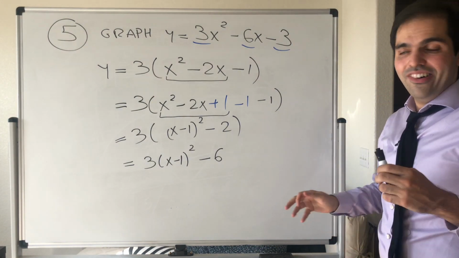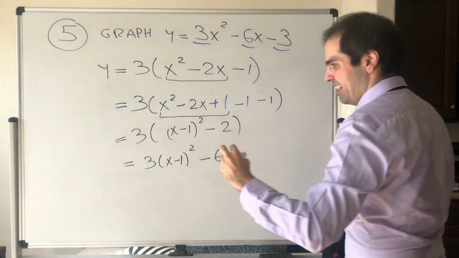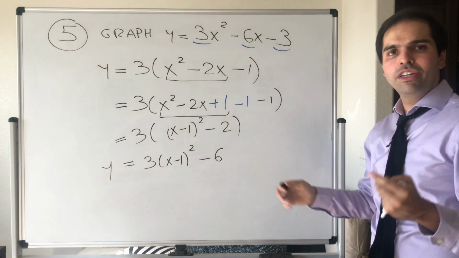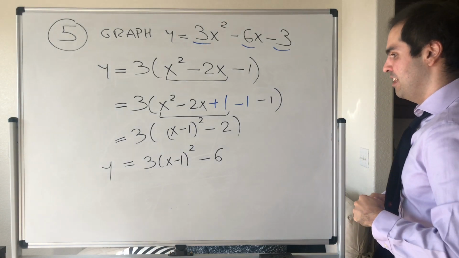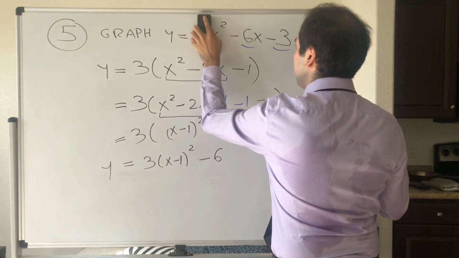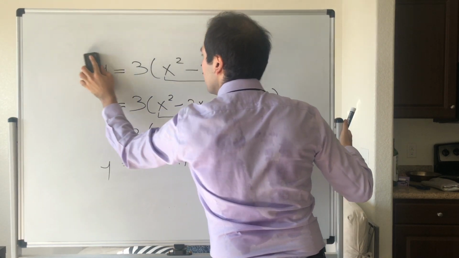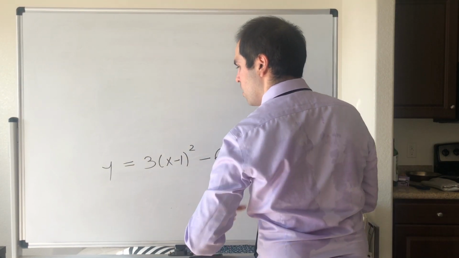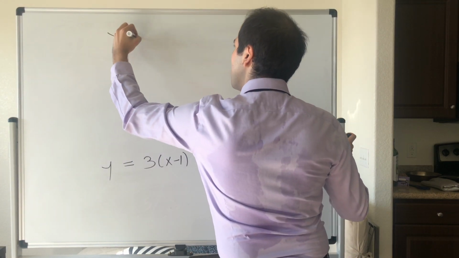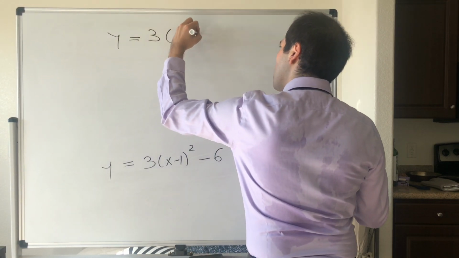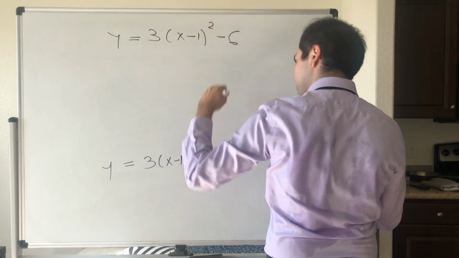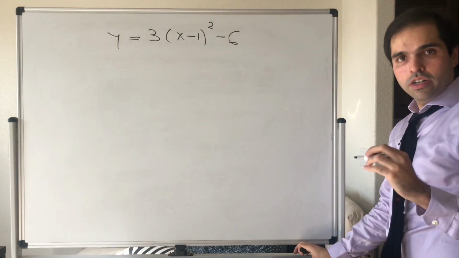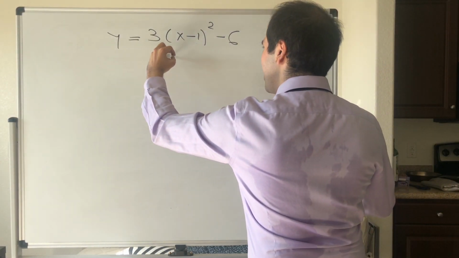All right, and the question is, what does this look like? So it's already good. It tells you that, well, it's a parabola, but we need to shift and dilate it a little bit. So again, you need to do it step by step. It's very important.